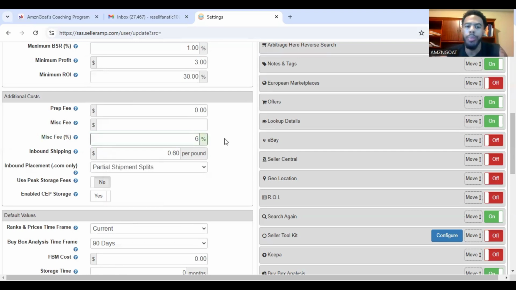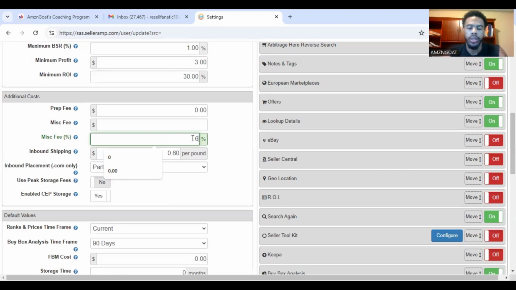If you're buying products from Walmart and you have submitted your sales tax exempt form, and all of your purchases are sales tax exempt, when you're looking at a product from Walmart, you want to make sure you put 0% in there.